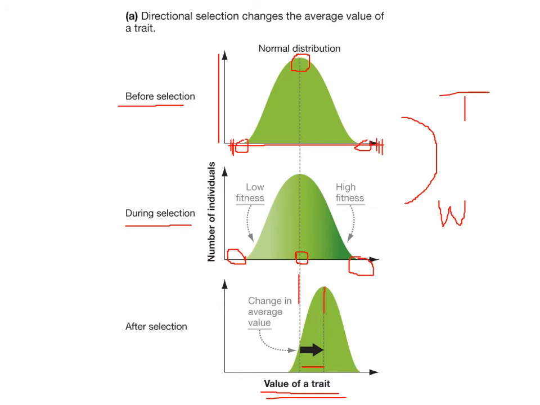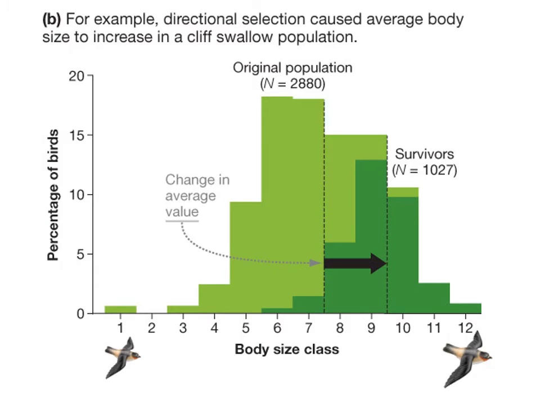That is directional selection. For example, directional selection caused the average body size to increase in a cliff swallow population simply through a significant mass mortality event. So we could see the population before selection, and somebody went out and measured body size in swallows, varied between small to large, and the original population that they measured was 2,800 swallows.